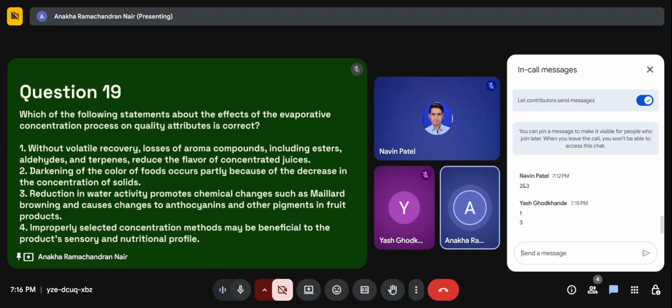And option 4, improperly selected concentration methods may be beneficial to the product's sensory and nutritional profile. This might be a slightly difficult question to understand. Maybe try reading through it once more by yourself from the screen and then try to guess what the answer is.